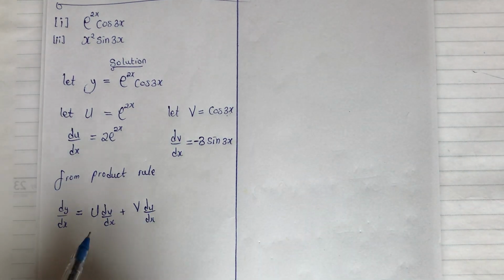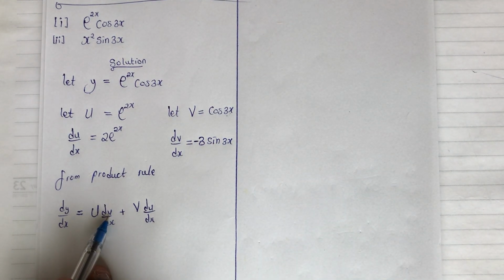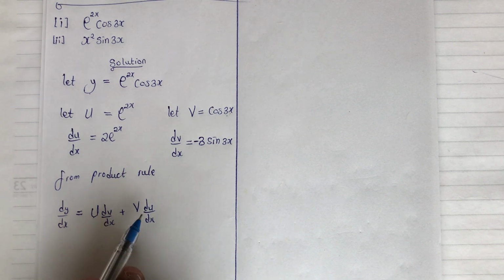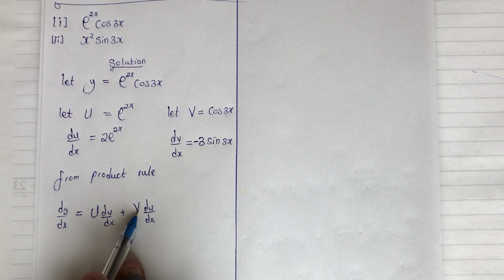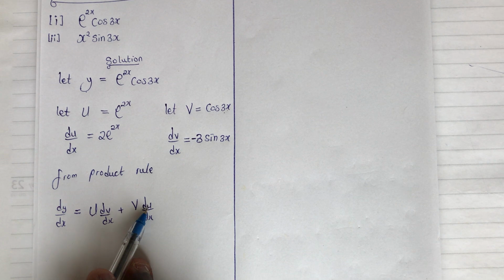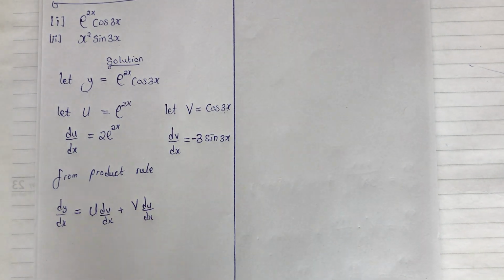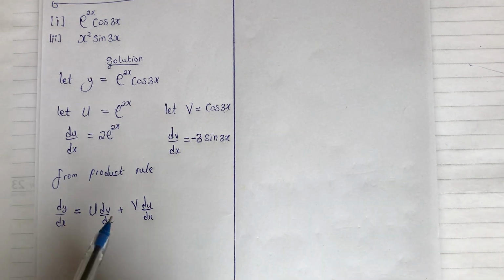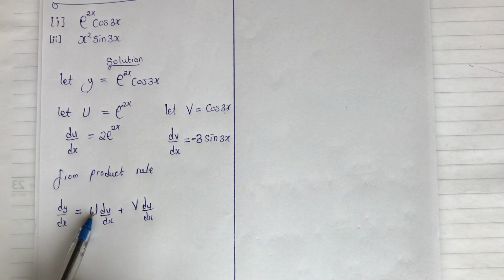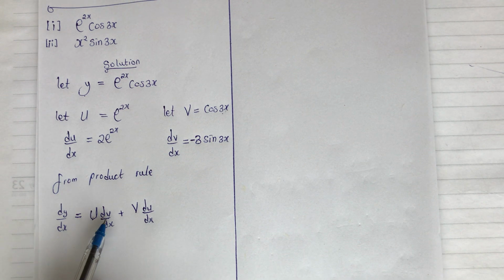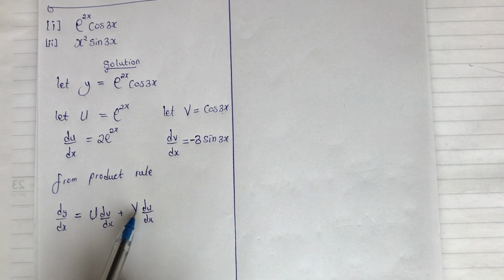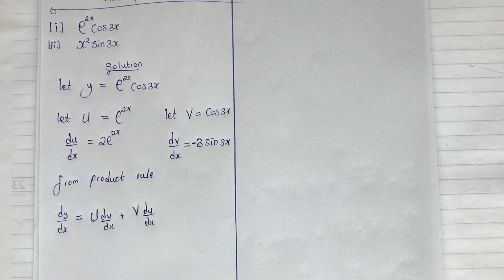So you take the derivative of the second function, you use it to multiply the first function. You take the second function, you use the derivative of the first function to multiply. And remember that addition is commutative, so you can start with v. If you take v here, then v times du dx plus u times dv dx will still give you the same answer.